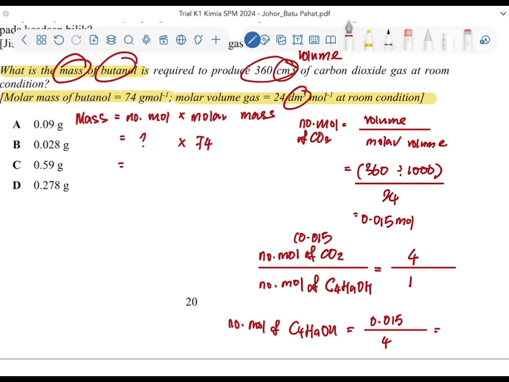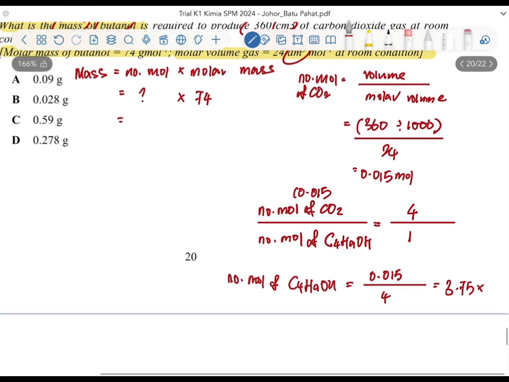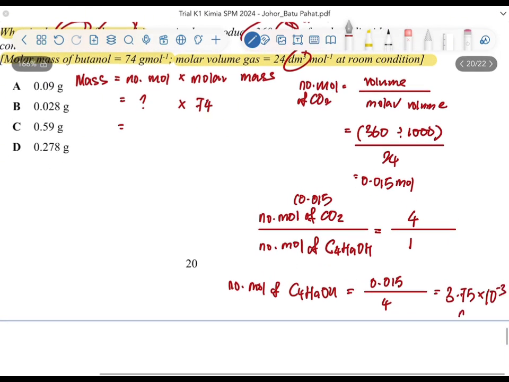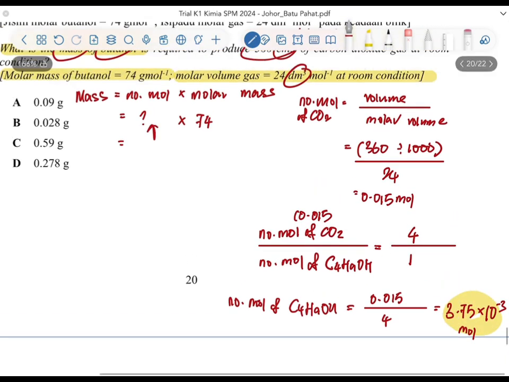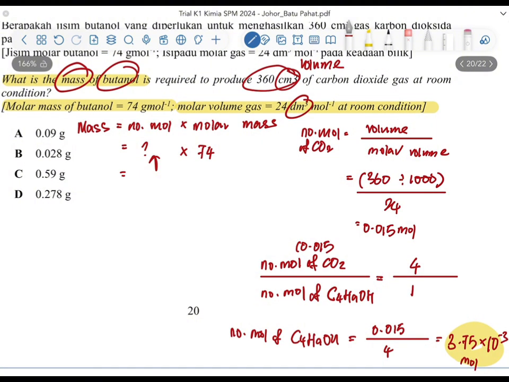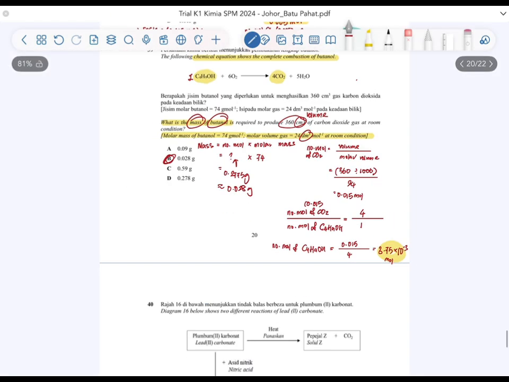So the answer would be 3.75 times 10 to the power of -3 mole. And then we put this number into the formula, and times with 74, we will get 0.2775 gram. So the answer is B, which is approximately 0.028 gram.